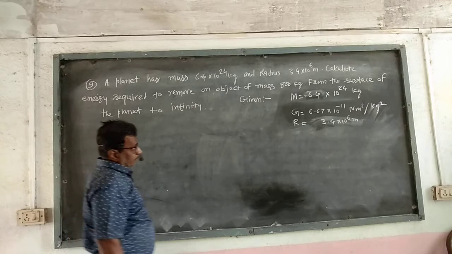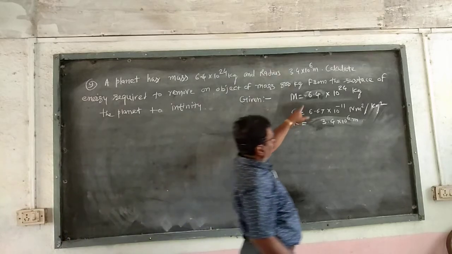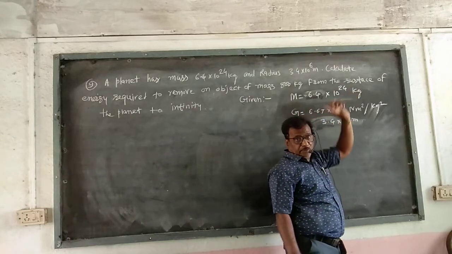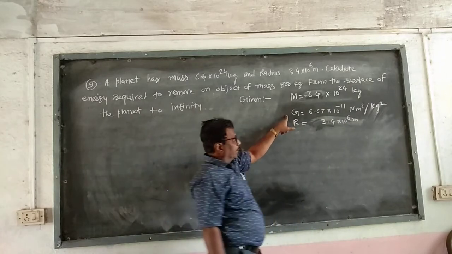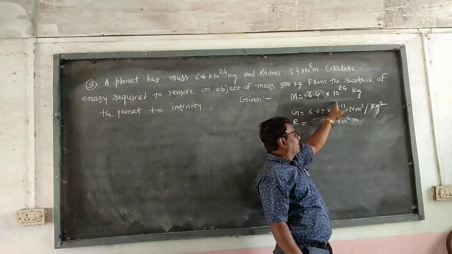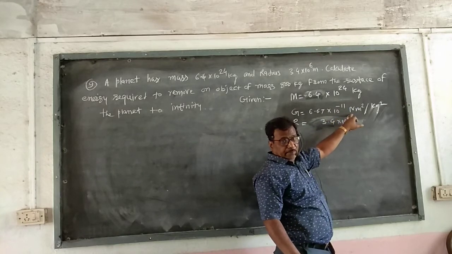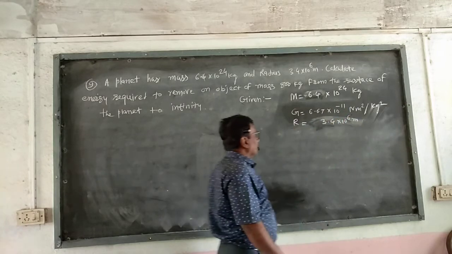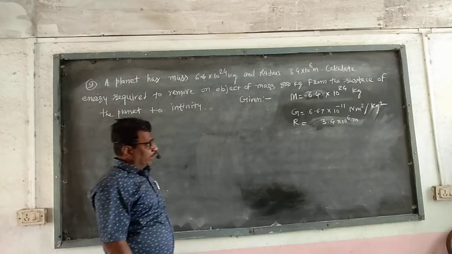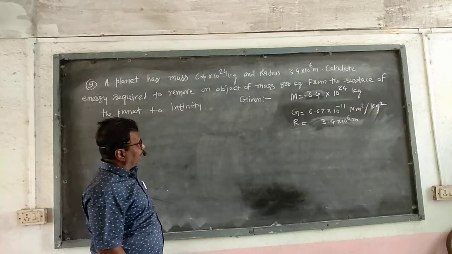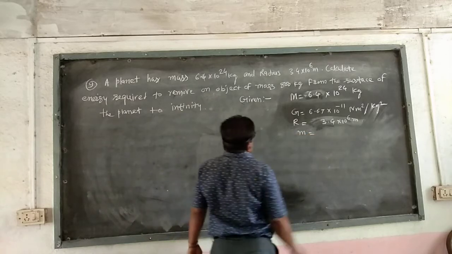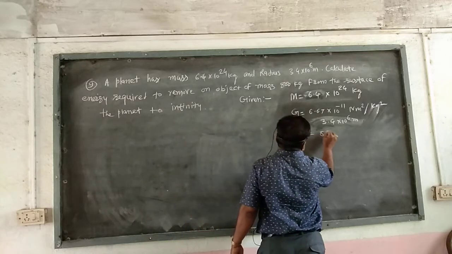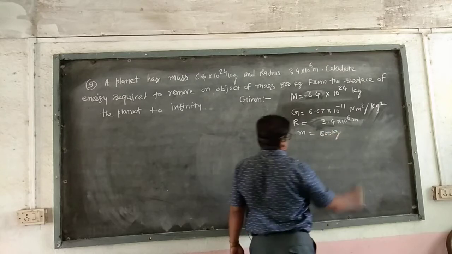So given mass is 6.4 10 to the power 24 kilogram. Universal gravitational constant is given 6.67 10 to the power minus 11 Newton meter square per kilogram square. Our radius is given 3.4 10 to the power 6 and mass of object is equal to 800 kilogram.